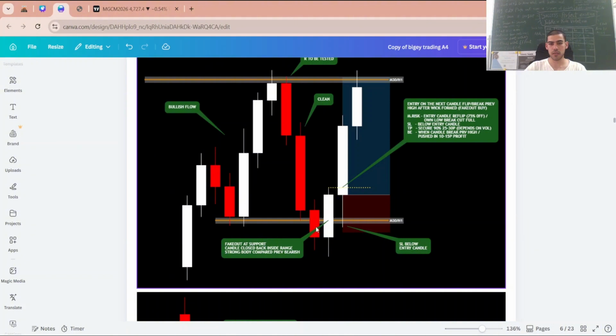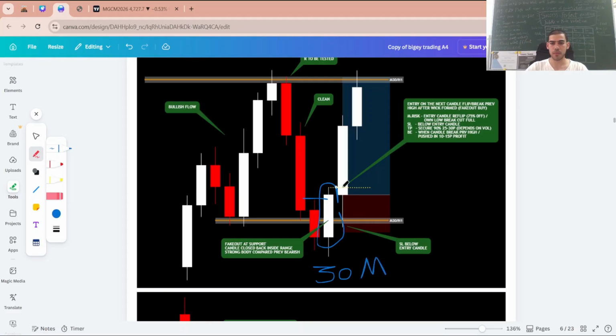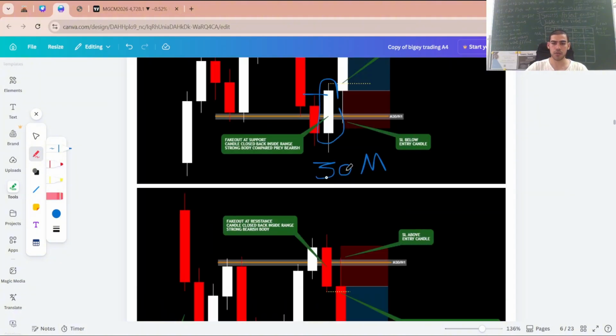Look how big this body is. The candle also broke the previous candle's high and closed. It's better to take the fake out on the 30-minute or the 1-hour close, which is much better. On the 30-minute time frame, whenever you see it, you directly execute without hesitation.